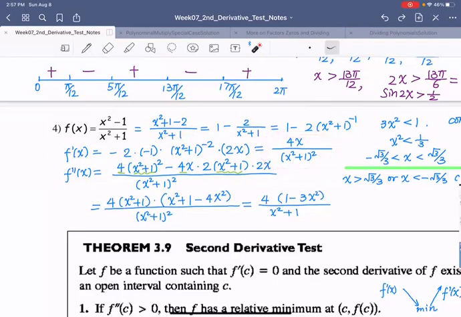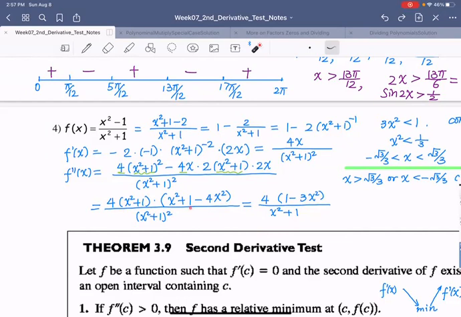Because I'm checking concaving down or concaving up, I need to find the second derivative for this guy. I can do this guy derivative, and I'm able to reach to here. Simplify this, coming to this. This top and this one can cancel, so x squared plus 1 was left.